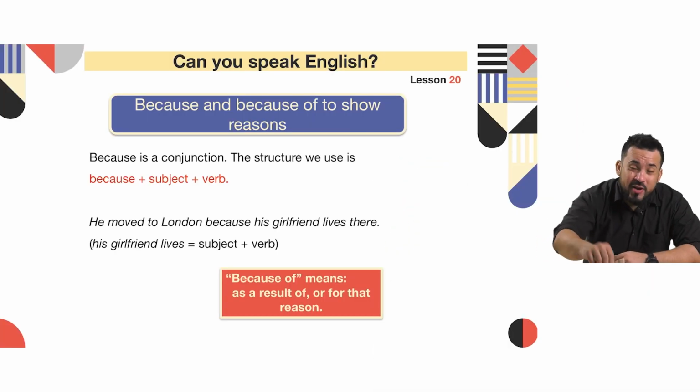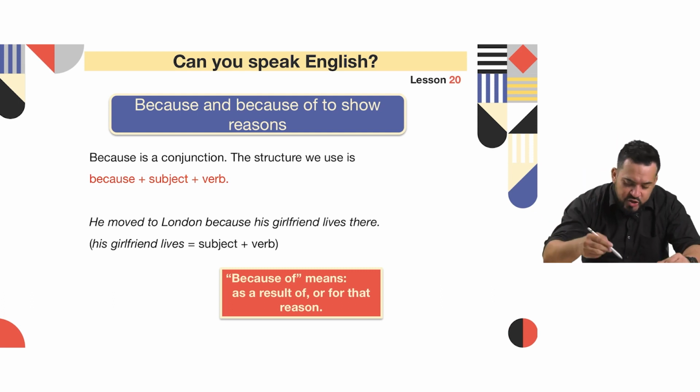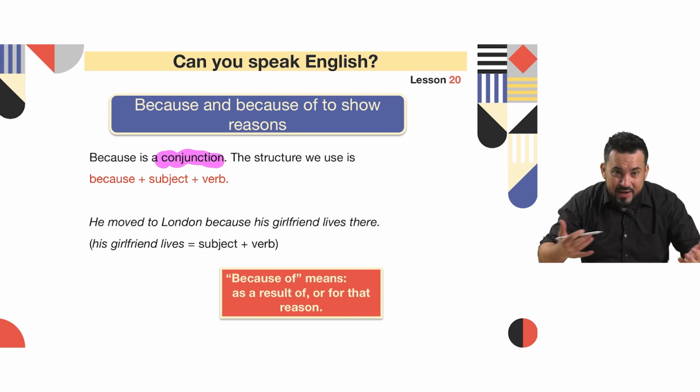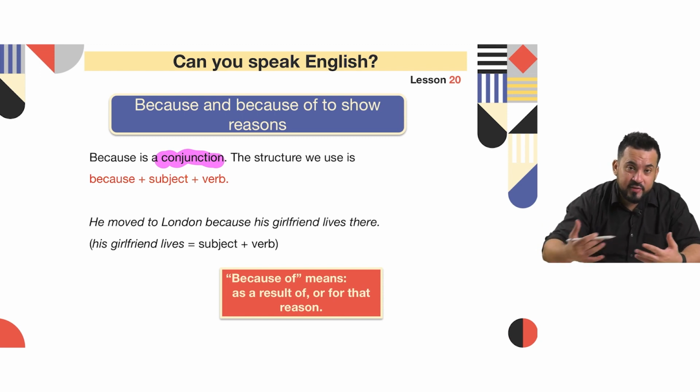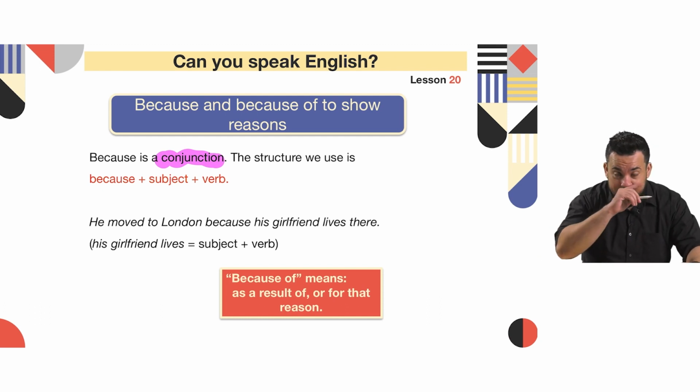So today we are going to talk about conjunction. What is conjunction? Sounds like a scary word. It's not. A conjunction is, we use it to connect things in the sentence. So today we'll talk about one of the most common ones, and that is because and because of.